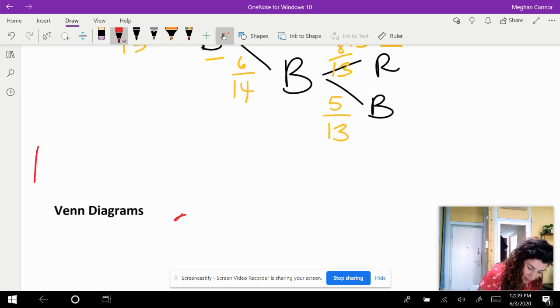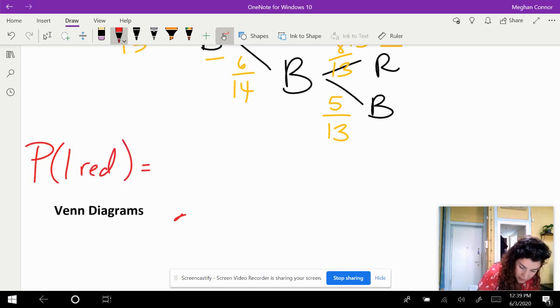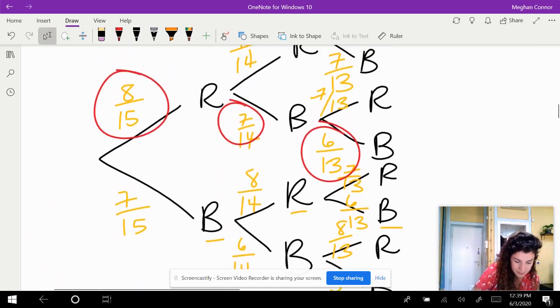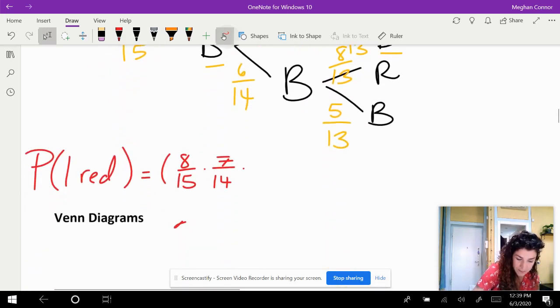So the probability of 1 red is equal to, and that first one was 8 out of 15 times 7 out of 14 times, and then, so it was 6 out of 13.